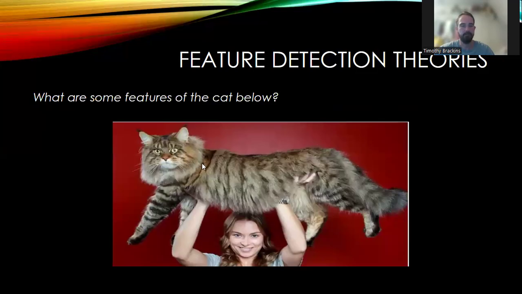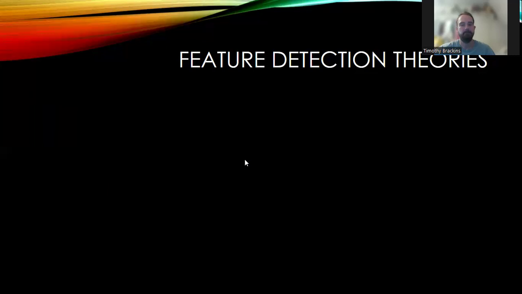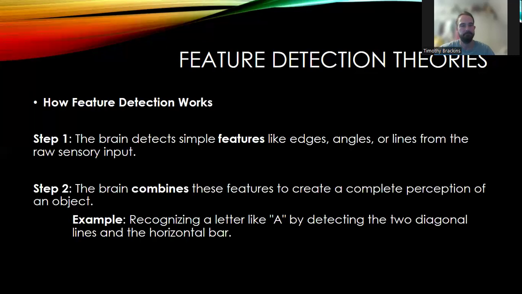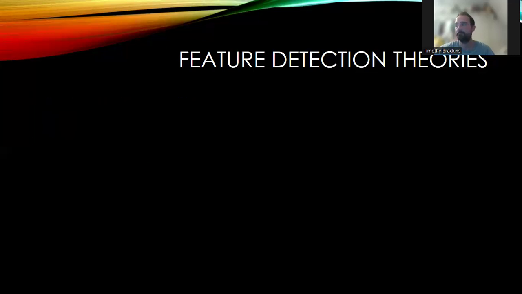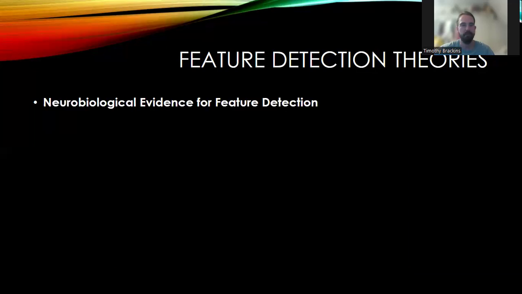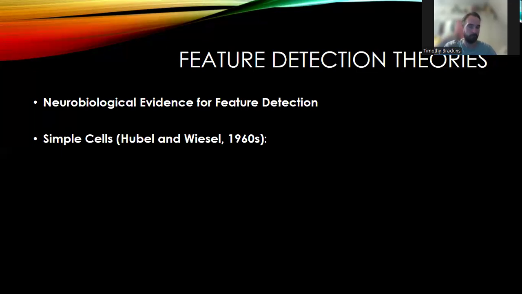So again, with the cat, you would start with the very basic features, the lines, orientations, and all the little shapes, and then build that up into the final picture of the cat. So there is evidence for feature detection theory, as there was evidence for template matching theory, though with major flaws.